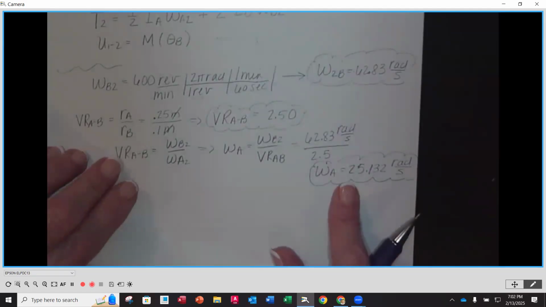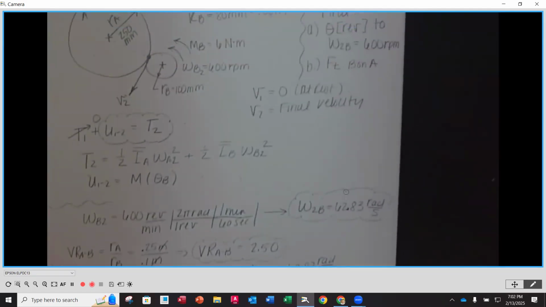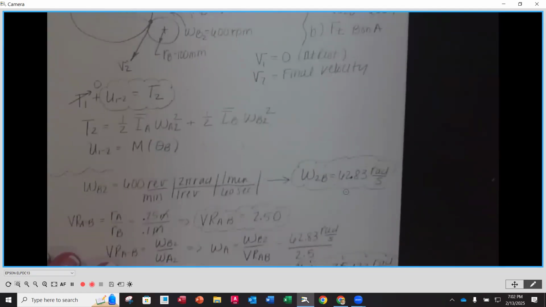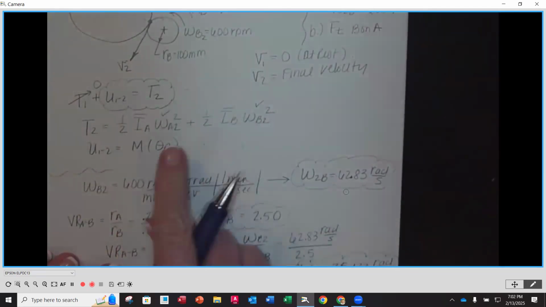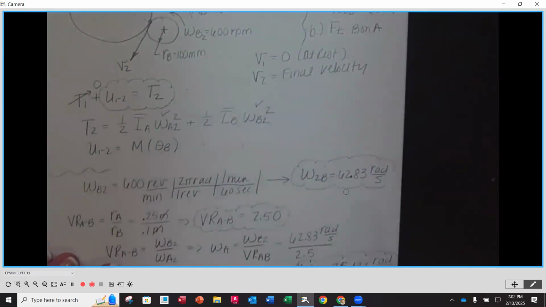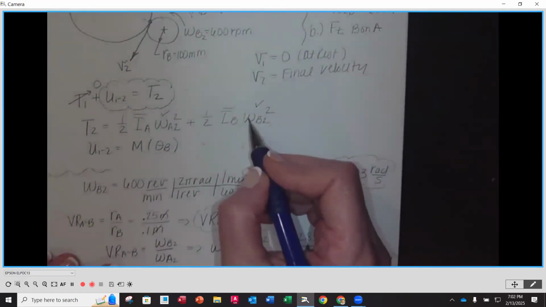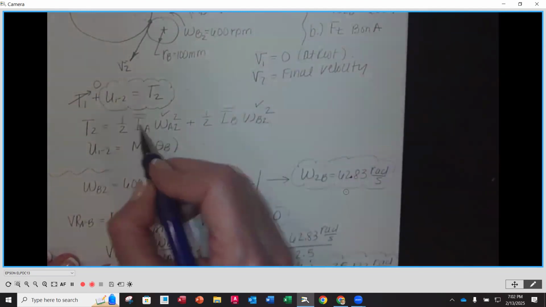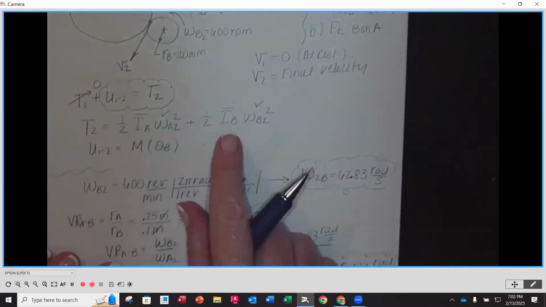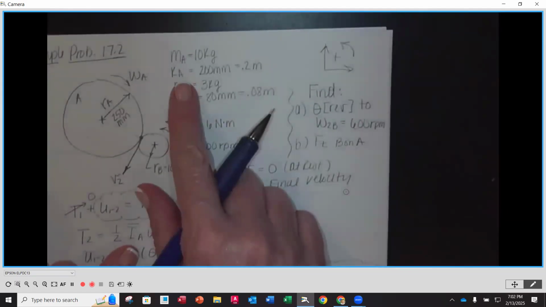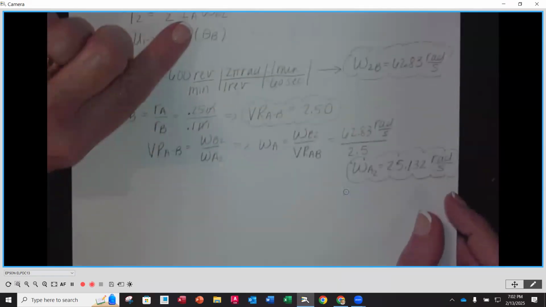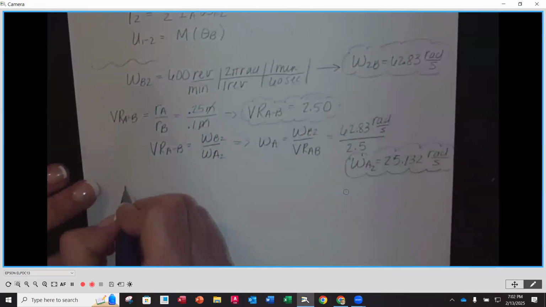So now, if we look up here in our equation, we've got WB2, we've got WA2, should put the 2 behind it. Do we know the, oh no, we have to calculate our moments of inertia. That's going to be the next thing. We do know radius of gyration and mass, so that'll be helpful. So let's find the moments of inertia. We'll do A first.